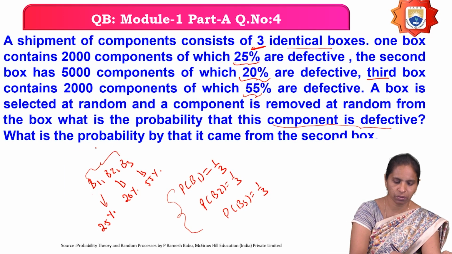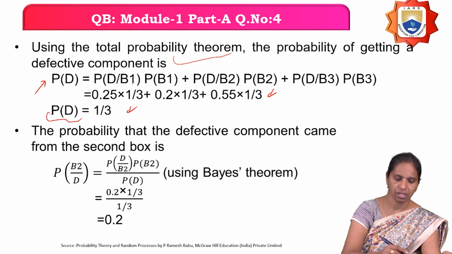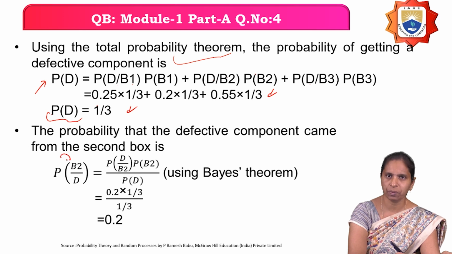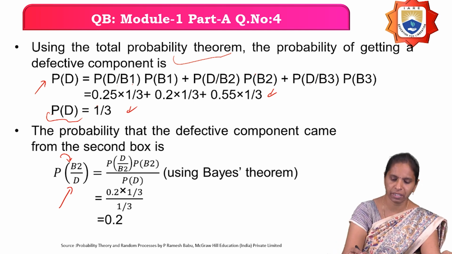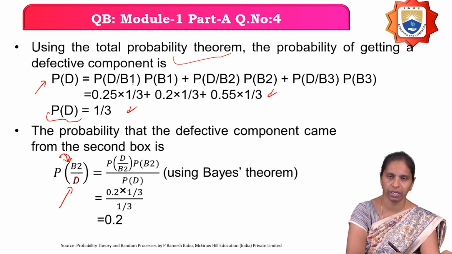What is the second question? What is the probability that the defective component came from the second box? Nothing but the probability of selecting the box B2, given that the component is a defective item.